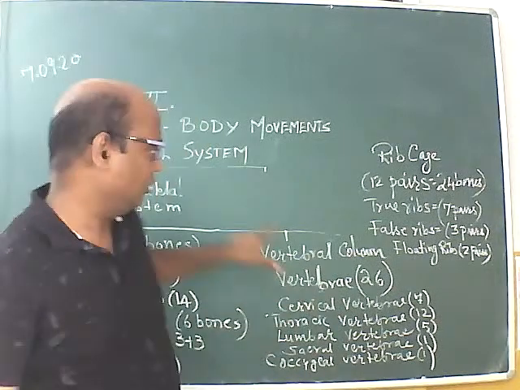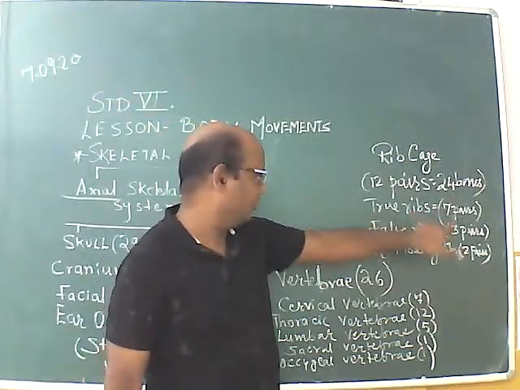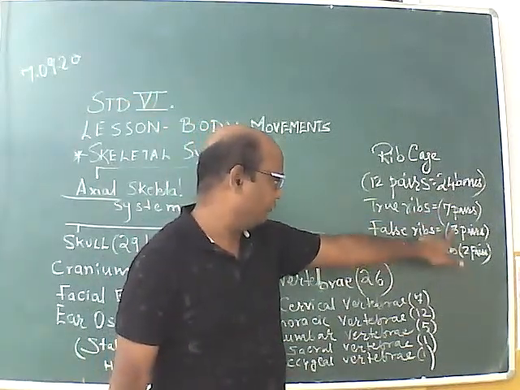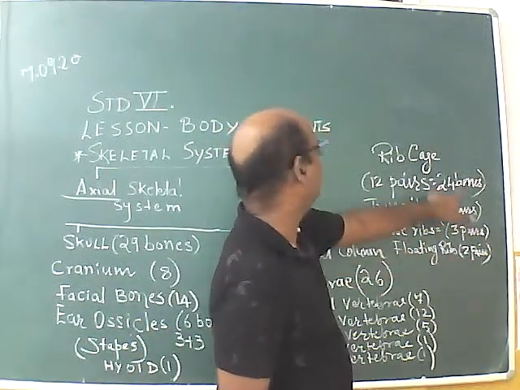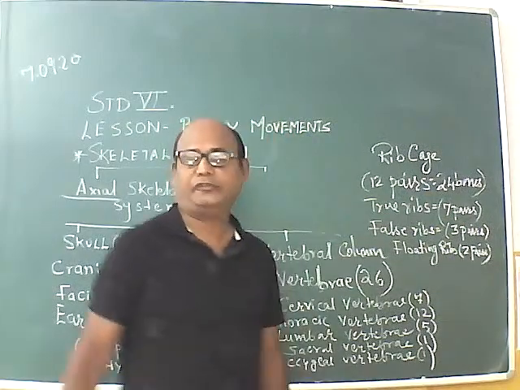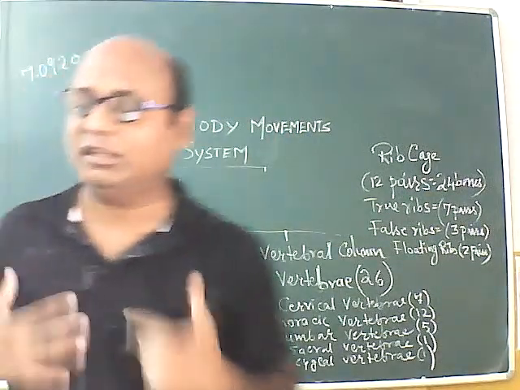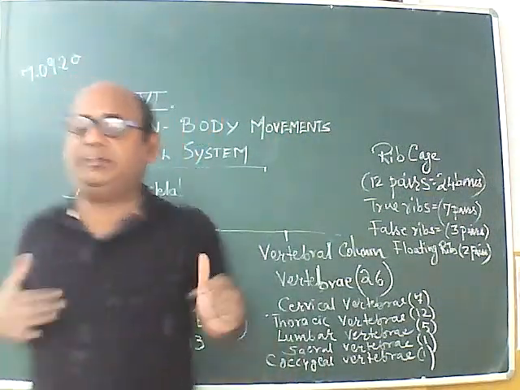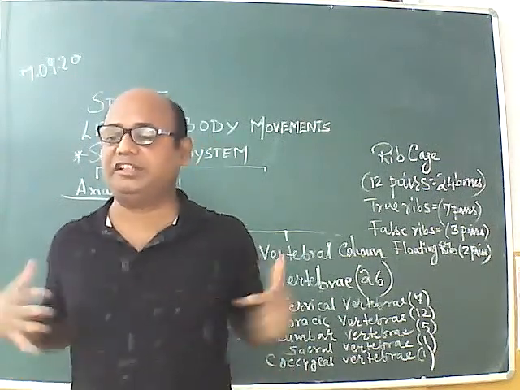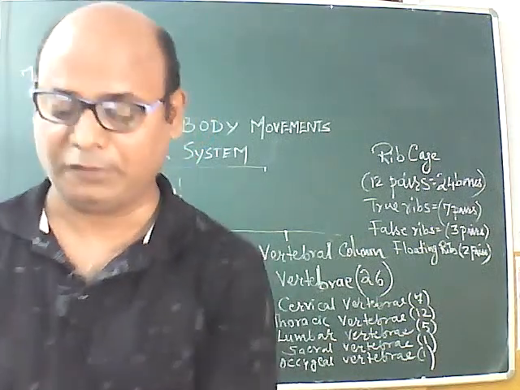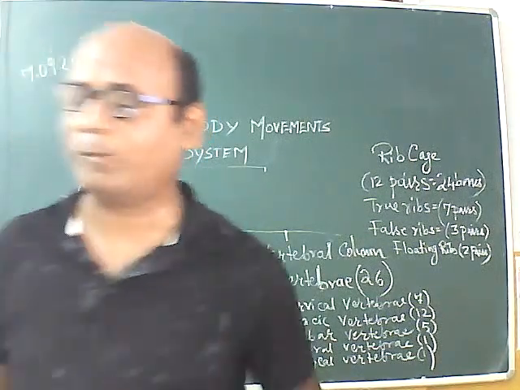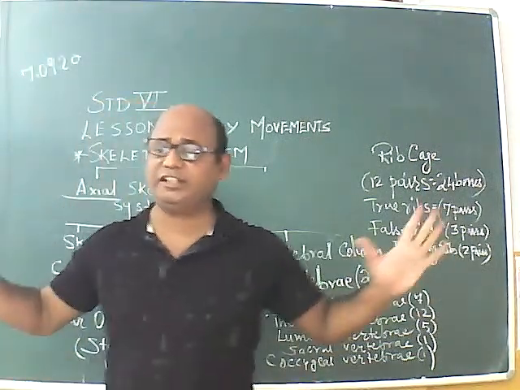So in total we have 14 plus 6 plus 4, which is 24 bones in the rib cage, protecting our heart, lungs, and some parts of the stomach. Is it clear to all of you?